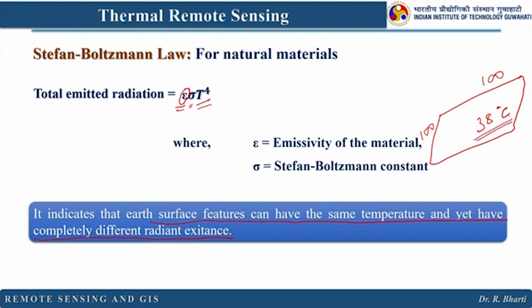Because they are maintaining equilibrium with each other and they are emitting the energy. If we go without this emissivity factor, that means all materials would become the same, but that is not the case. In nature all the materials are different and they change from one place to another. So here the emissivity will play a very critical role, that we will see in the next slide.